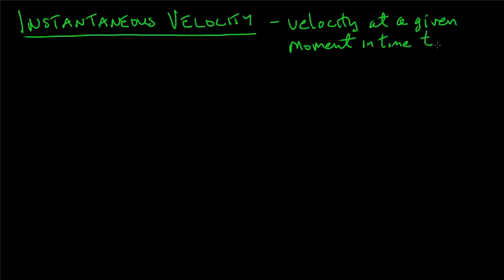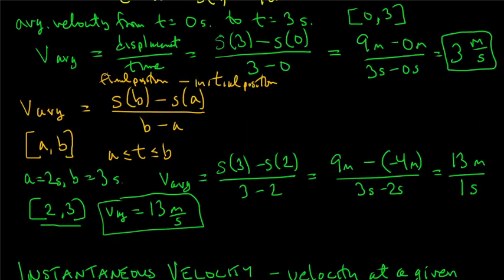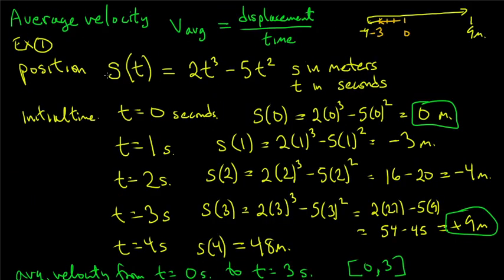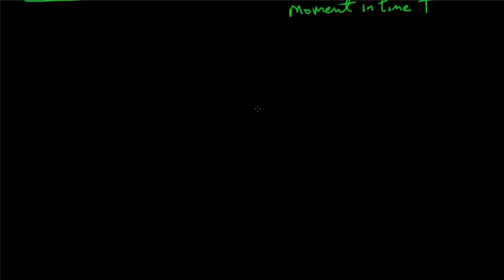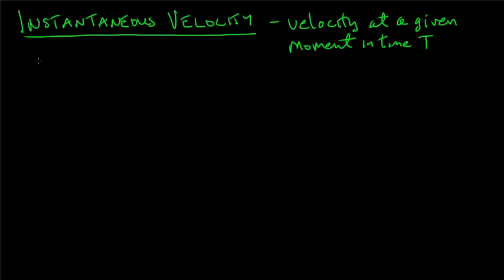I'll call that time capital T. This is what we eventually want to be able to calculate. Let's look at our position function again. It was 2t cubed minus 5t squared, so I'll copy that down.